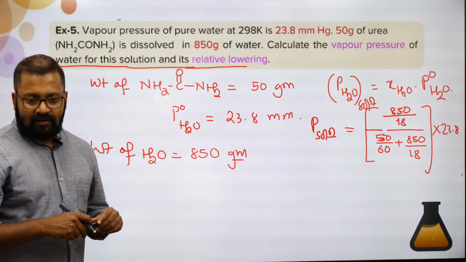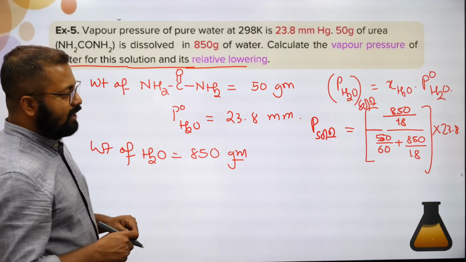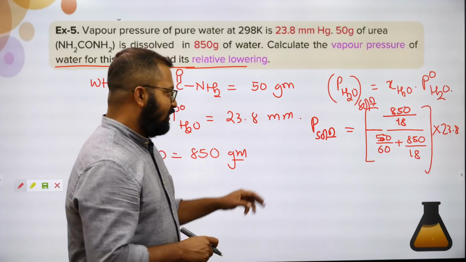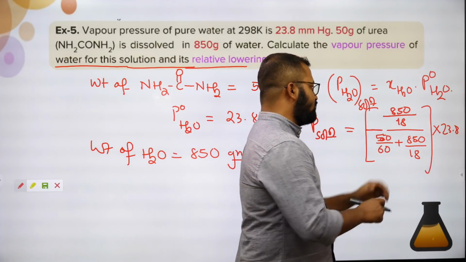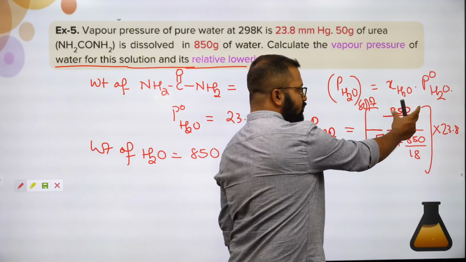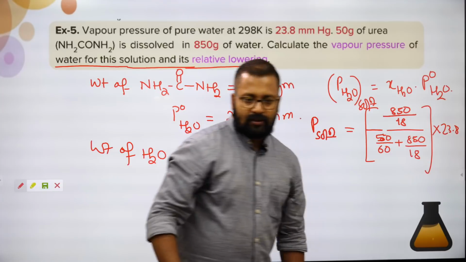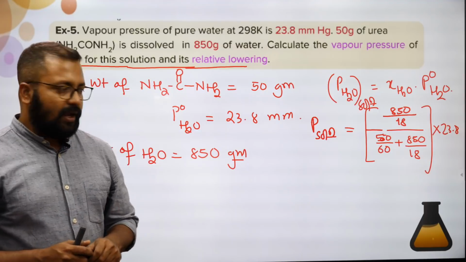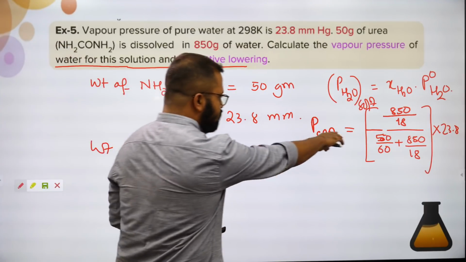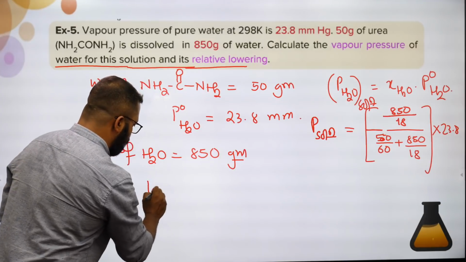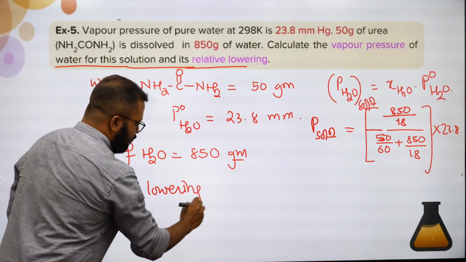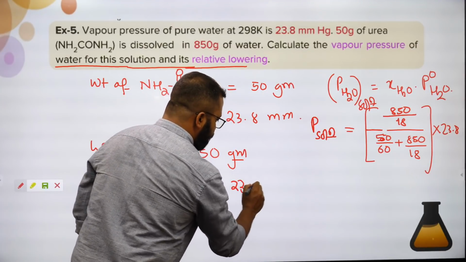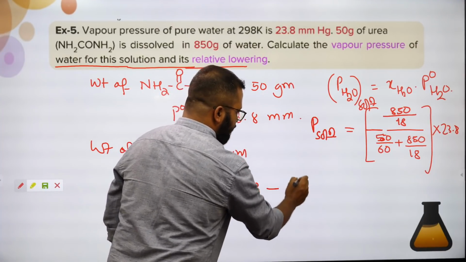You get 1186? How can it be 1186? It has to be lesser than, ये तो 23.8 से कम होगा ना. This value is smaller, this value is larger. We'll get to that at a later stage. Okay, so this will give you the P, and the lowering will be equal to 23.8 minus whatever you calculate over here.